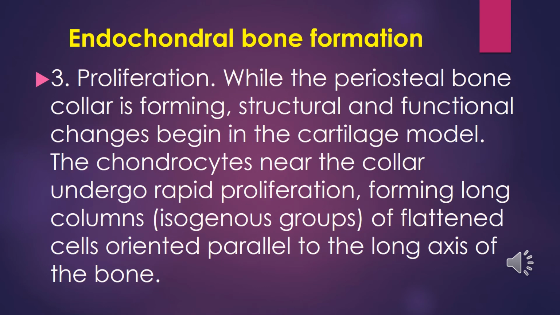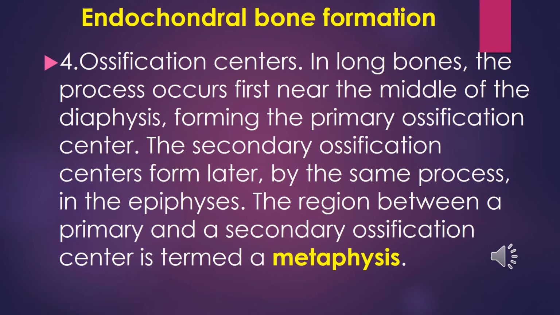The next step of bone formation is called proliferation, and in this period there are very active proliferative processes in cartilage cells. They form columns, and it's very important to the growth of future bone. In the period of bone formation, ossification center formation is very important.